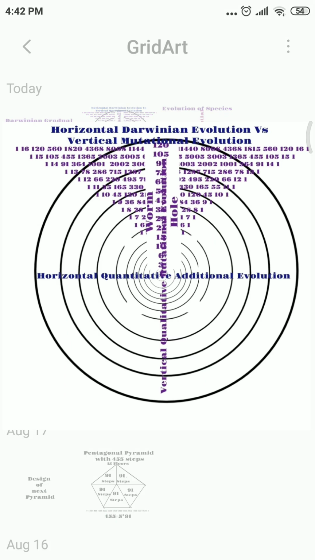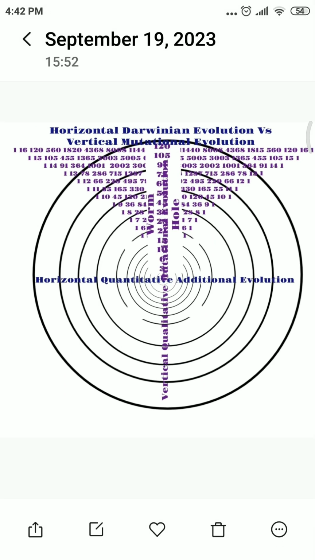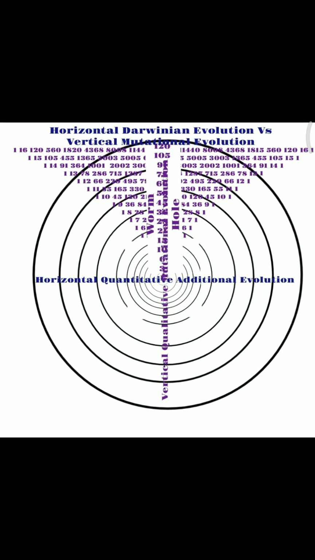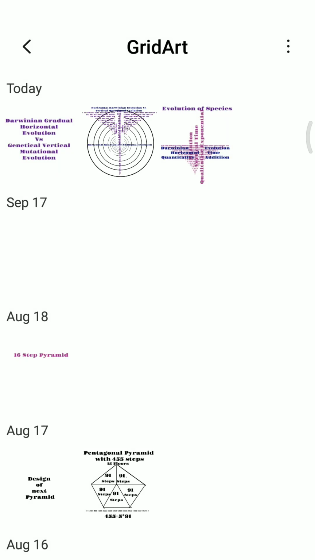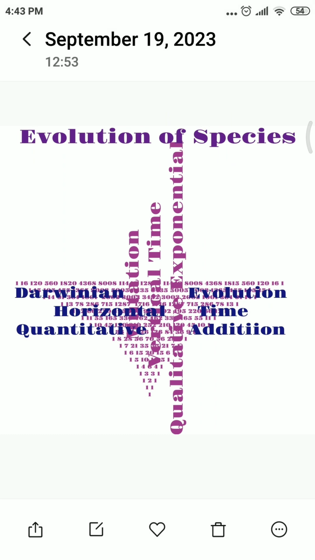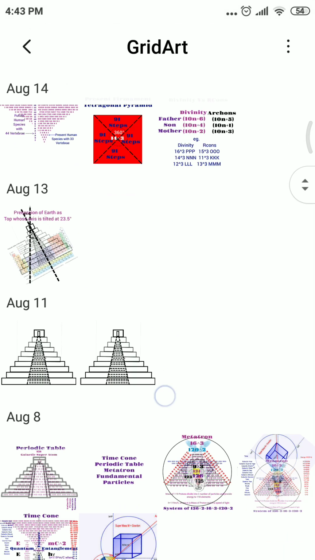Because here you see that vertical path, when it would climb the ladder of this vertical path, the path of ascension as we call it, basically here it is not very clear, so I will show you elsewhere.